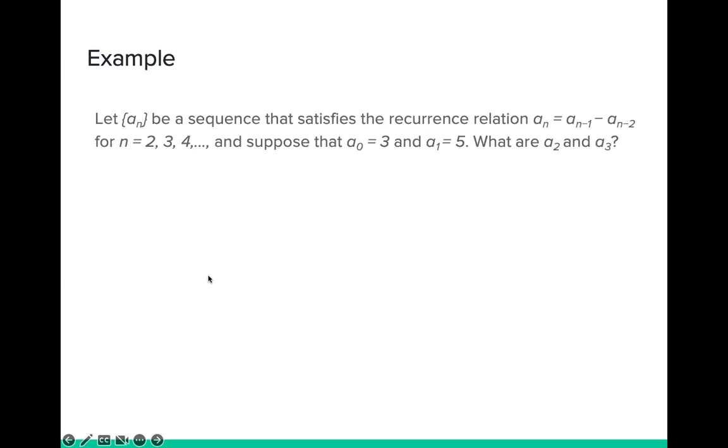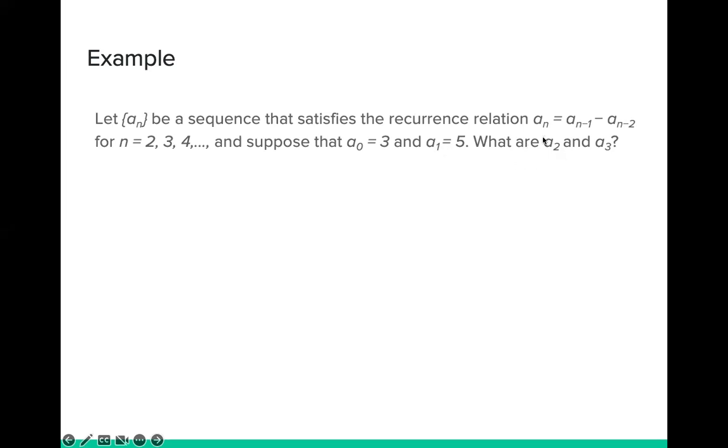All right, so let's have another example. Suppose we have a sequence a sub n that satisfies the recurrence relation a sub n equals a sub n minus 1 minus a sub n minus 2, for n equals 2, 3, 4, and so on. Suppose that the value of a sub 0 is 3 and the value of a sub 1 is 5.